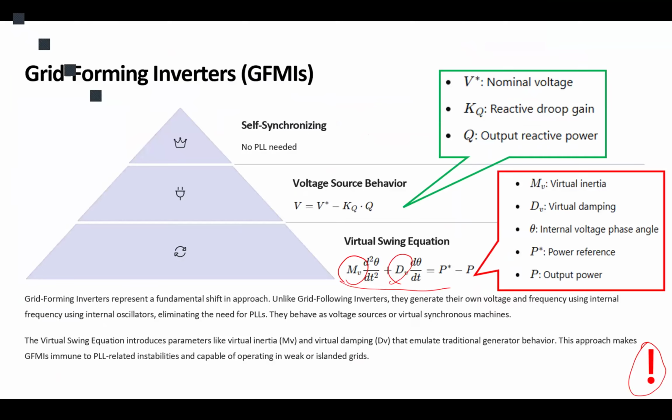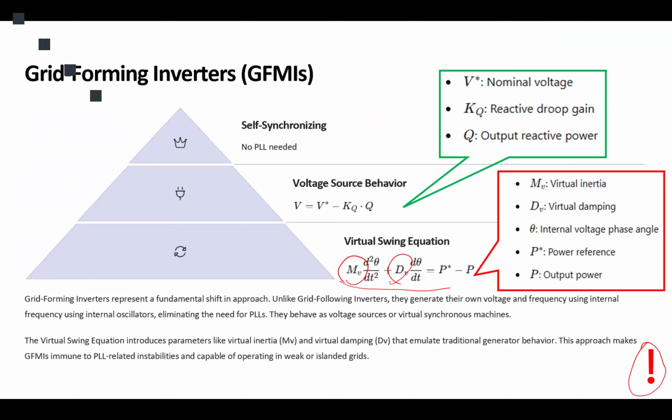I urge you to go through that paper again, on the duality between GFM and GFL. What we discuss here is a standard understanding in engineering that we could represent grid forming transient behavior with that virtual swing equation. But in reality it is much more complicated than that.